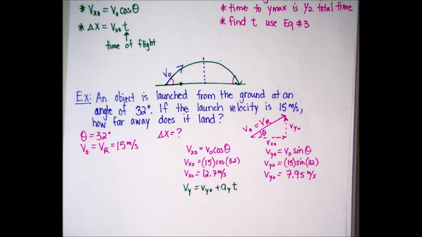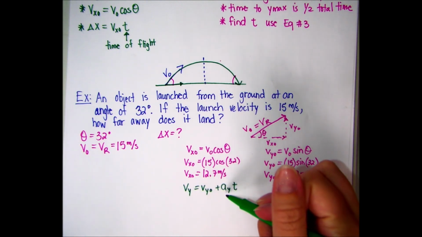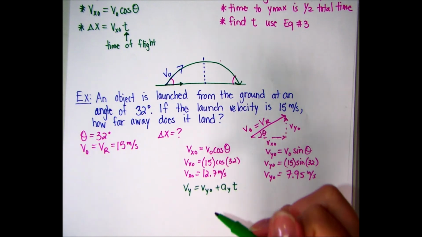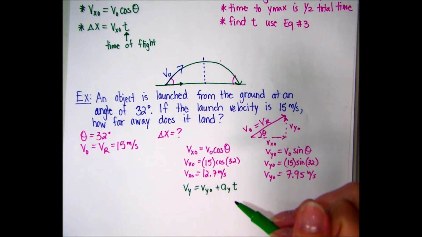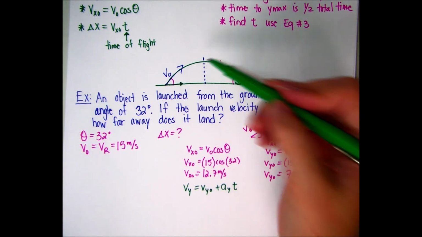Now, there's two ways that you can solve for t. You can use your knowledge that at the maximum height, the velocity is 0, so I can plug 0 in here, Vyo, -10, and find t. But if you do that, you must double the time, because that will only give you the time of the halfway point. Ymax is at halfway.